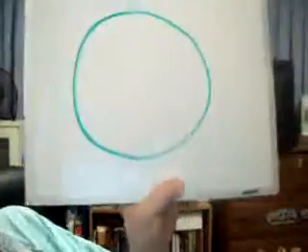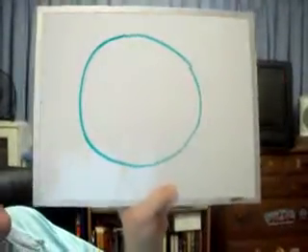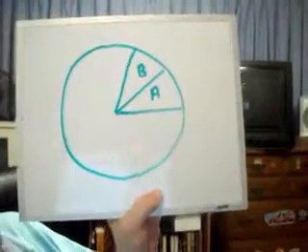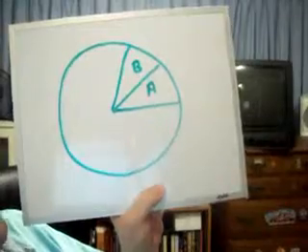Now the first thing we're going to do is draw a circle. See that great big circle right there? Now, tell me if this looks familiar to you. Does that look familiar to you? Of course it does. Now then, what's the first thing we can do?